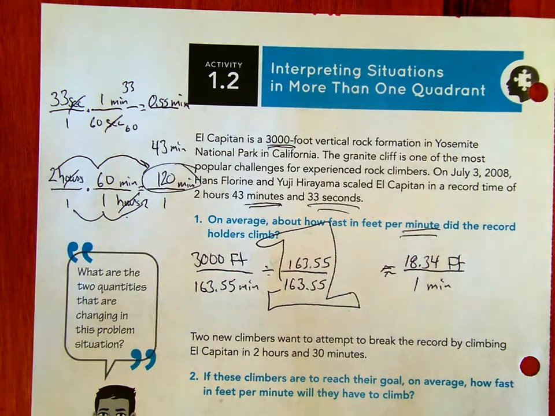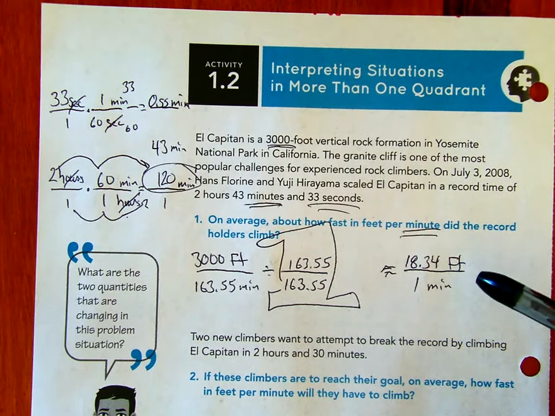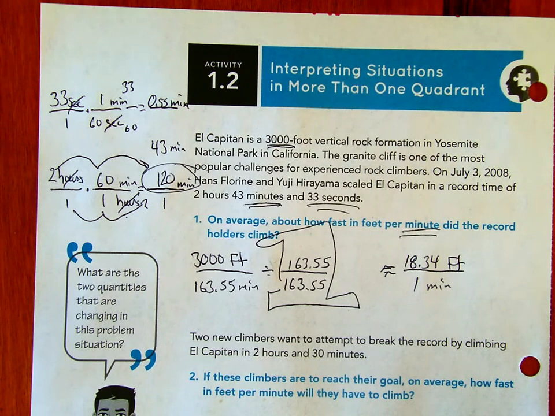So these guys went up the mountain 18 feet vertical in 1 minute, and they averaged that rate for just under 3 hours, 2 hours, 43 minutes.